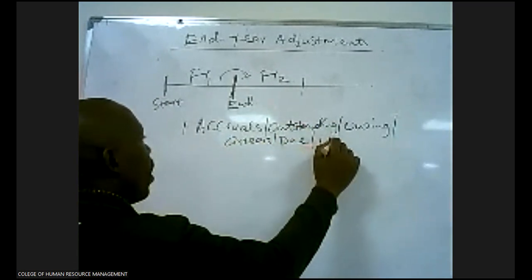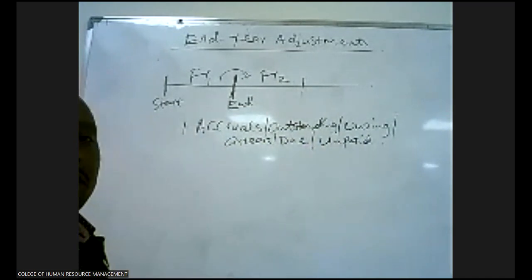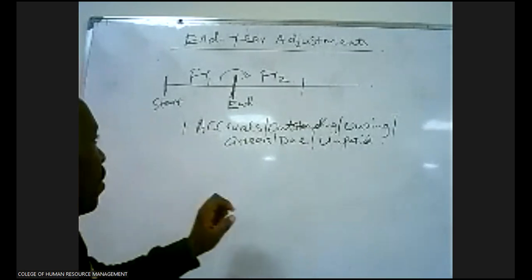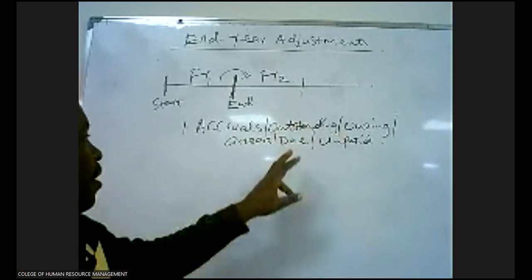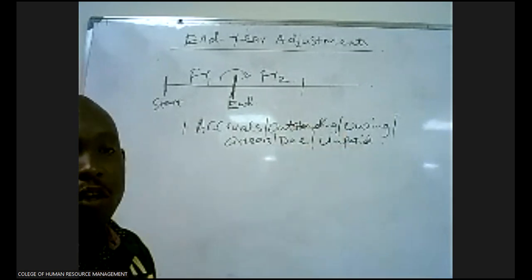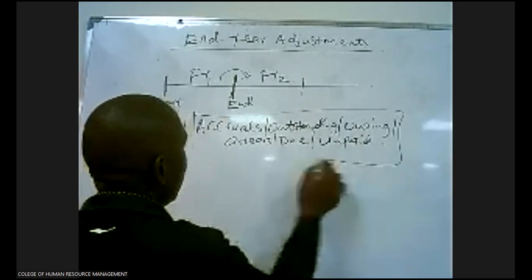It is also unpaid. All those terminologies mean the same thing. So an expense that is accrued simply means that it is outstanding, it is owing, it is in arrears, it is due, or it is unpaid. When these terms are used, you just know that they mean the same thing.